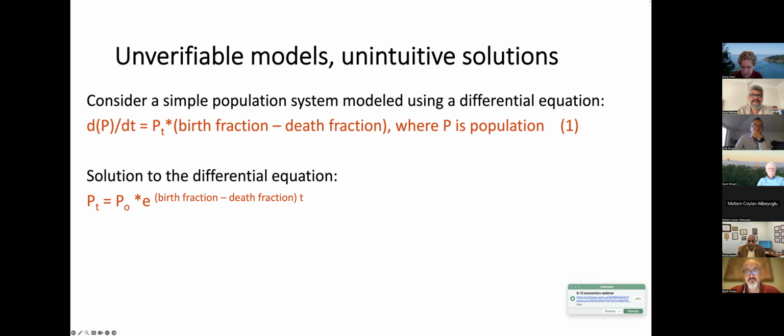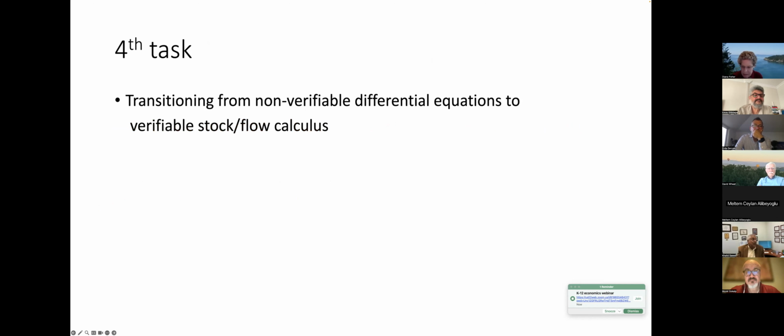Now, transitioning from the non-verifiable differential equation to verifiable stock and flow, again, is something that we don't tell our students. Our students do learn calculus and differential equations, and we certainly do stocks and flows, and we don't tell them how to transition.